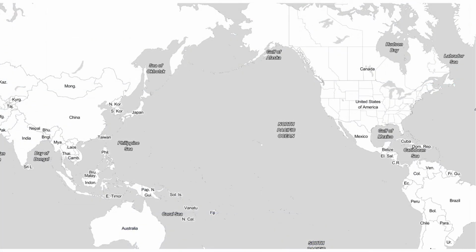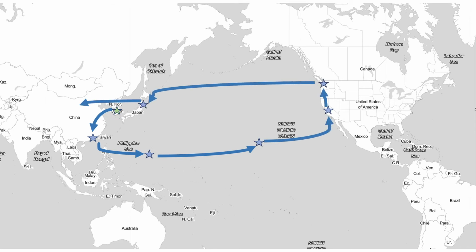A deeper investigation showed the traffic path to include South Korea, Hong Kong, Guam, Hawaii, LA, Seattle, Japan, and China, which was clearly not intended.